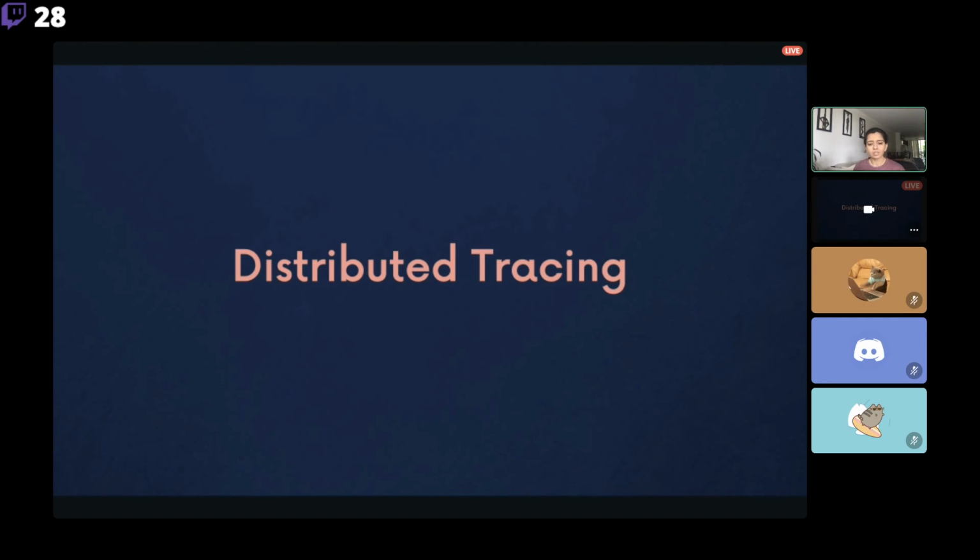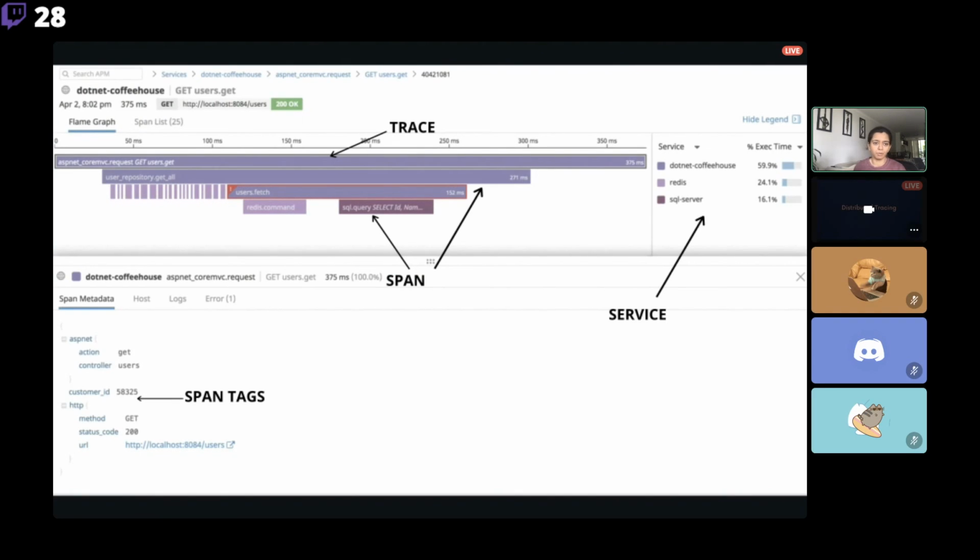The best way for me to explain the benefit is, I thought I'd steal some pictures from Datadog's blogs. Again, traces are also events, and span and trace are all events. A span represents a single unit of work, and one span relates to another, it can have a parent-child relationship.